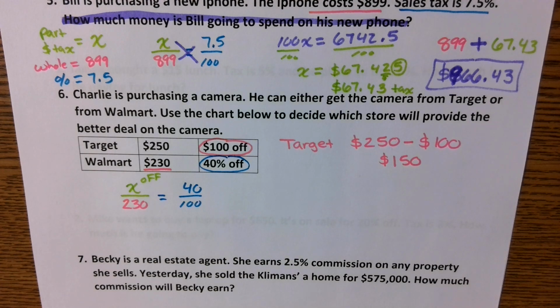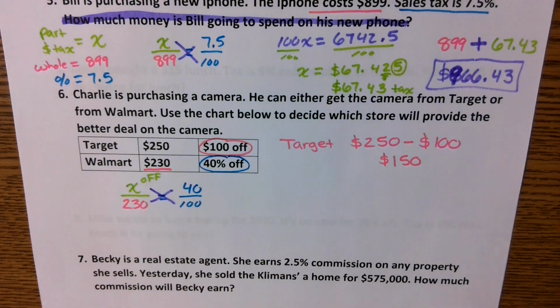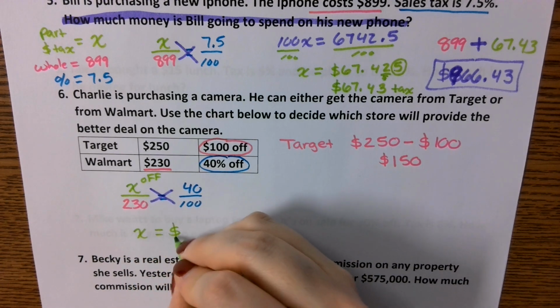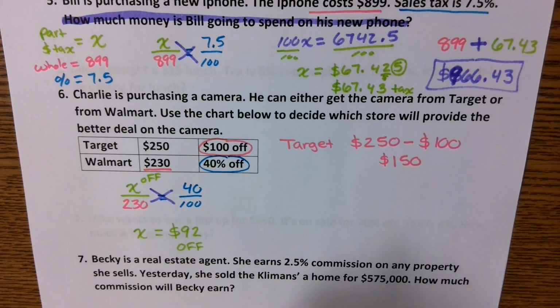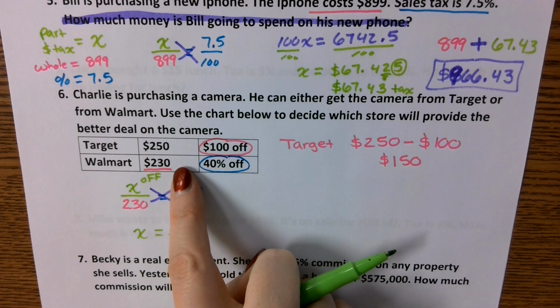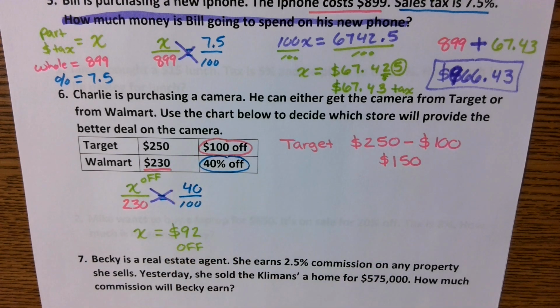Okay, do I need to show you guys how to do the cross product anymore? No, you guys understand multiply, multiply, divide, right? Okay, so once you do that, you're going to find out that Walmart is offering a coupon of $92 off. Is that as much as Target's off? No. But is Walmart charging as much as Target to begin with? No. So we got to see which one's still cheaper.